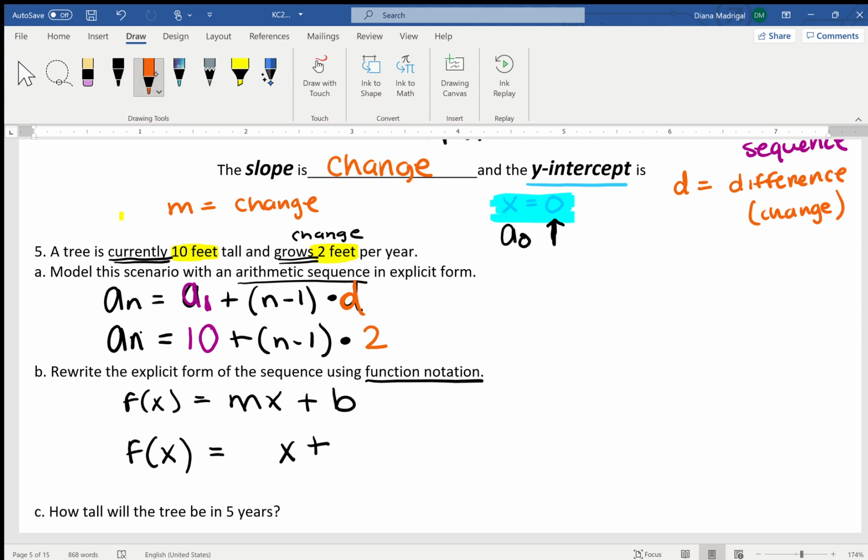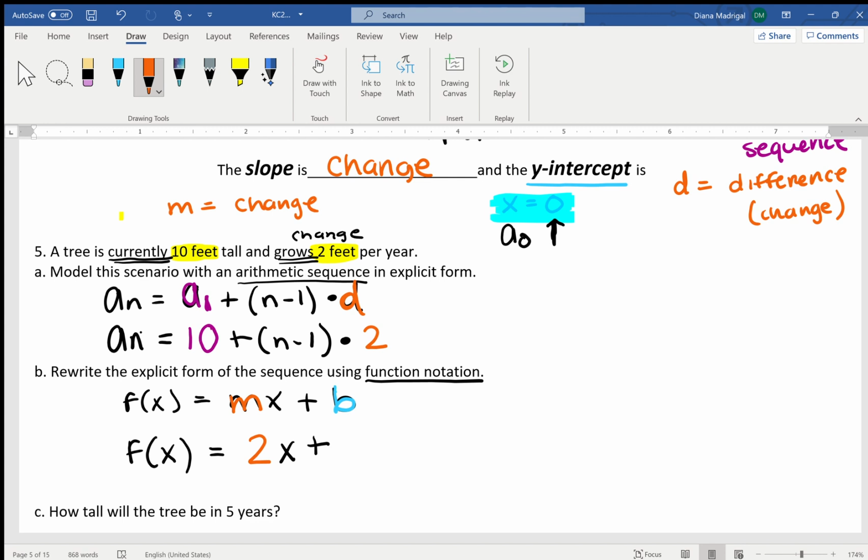What I need to know is my m and my b. Those are the numbers I'm going to plug in. Well, I already know m. m is the change, right? And I even put them in the same color here. m equals change, d equals the change. d for this one is 2, so guess what? m is 2. The change is 2.